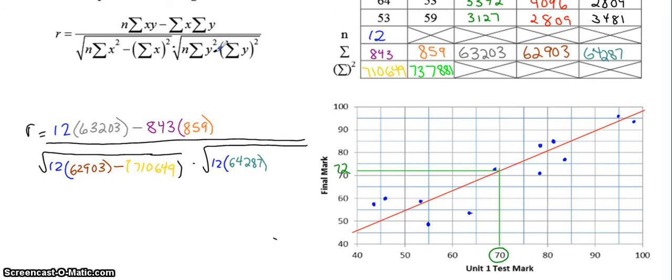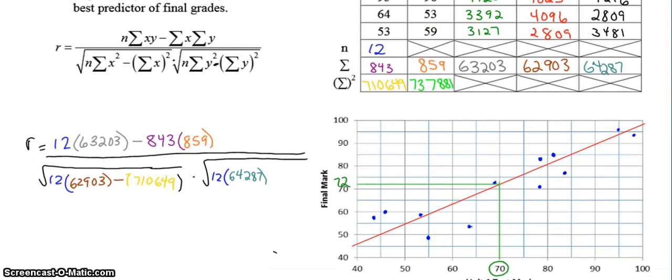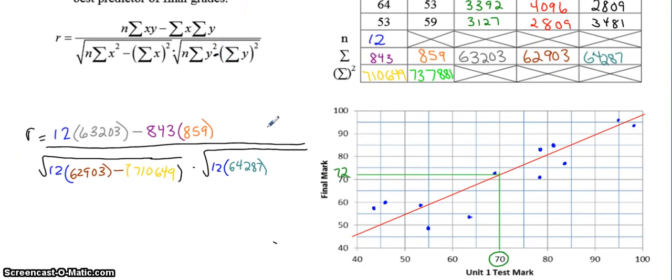There should be a subtraction sign right there, so if you can make that change. So we're going to subtract the sum of the y's squared. So here is the sum of the y's, and there it is squared. So that is 737,881. So that's how you substitute into the formula.